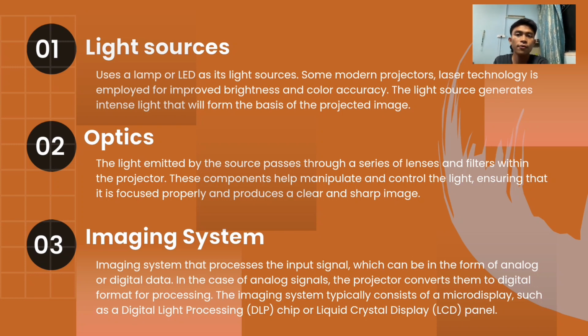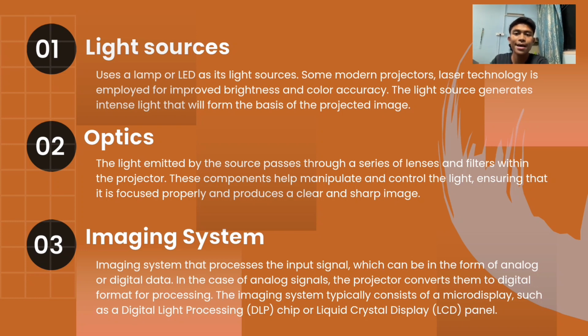So the basis of the projector is that the light source will produce an image. Second one is optics. The light emitted by the source passes through a series of lenses and filters within the projector. This component manipulates and controls the light, ensuring that it's focused properly and produces a clear and sharp image. So number 3 is the imaging system.